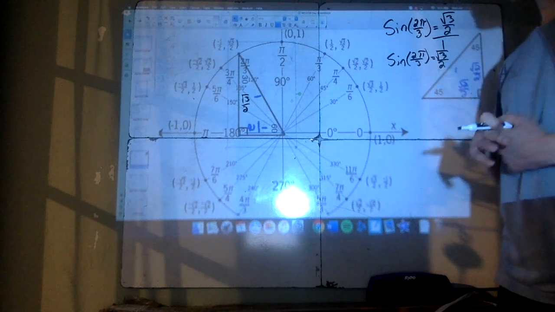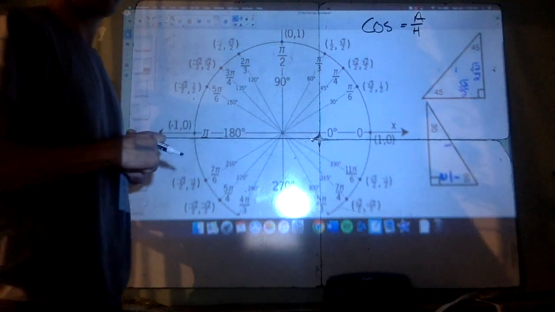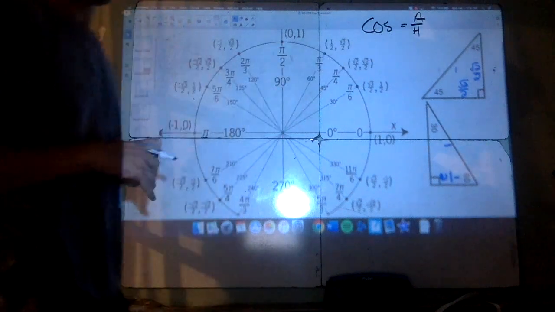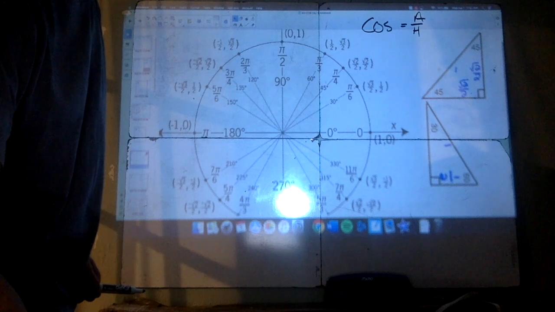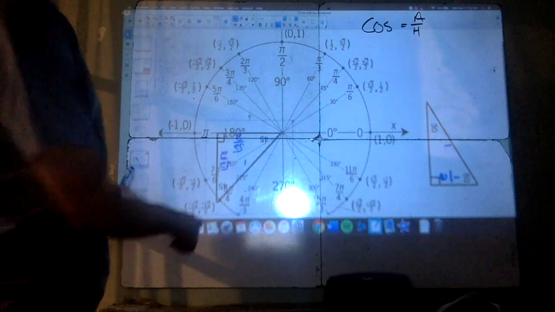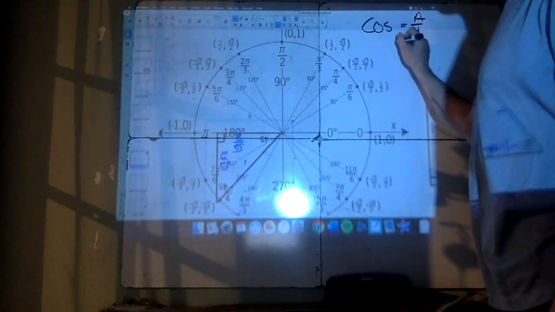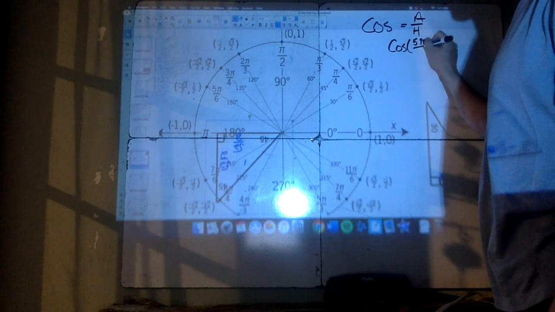Now we're going to do the same thing, but flip to cosine. If you remember, cosine is the adjacent over hypotenuse. So we're going to move our triangle, and I'm just going to pick an angle. Let's do this angle down here. We want to know the cosine of 5 pi over 4.